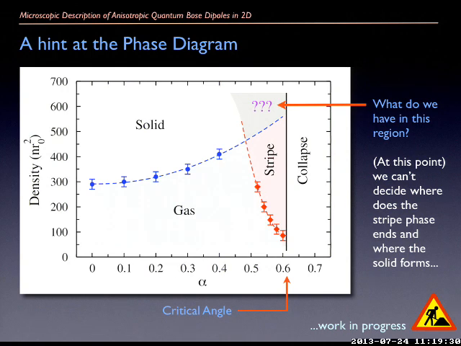So in other words, along the stripes, if there's still global connectivity, then you have a kind of supersolid order, right? There's modulation.